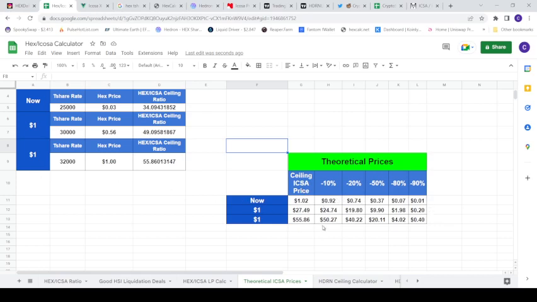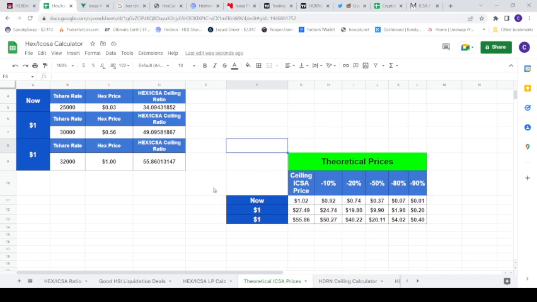Even at $1 HEX and at a 50% discount at a 32,000 T-share rate, the Icosa is still going to be worth $20. So if you're getting yield in Icosa today, just think of how much your Icosa is going to be worth in dollar terms at a $1 HEX price and at a 3,200 T-share rate or 32,000 T-share rate.